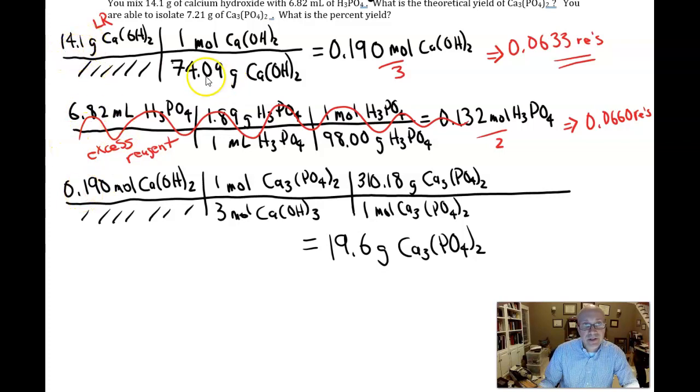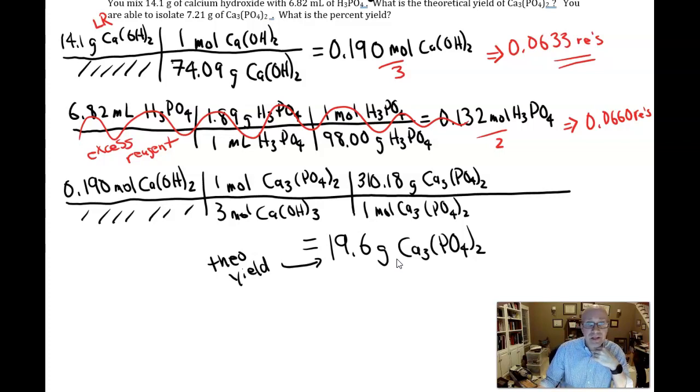Notice how we've got 3 sig figs here, we've got 4 here, that's why I have that 0.190. Everything here would therefore have 3 significant figures as well. So this number right here is our theoretical yield, which means that is the maximum amount of the product we could make.